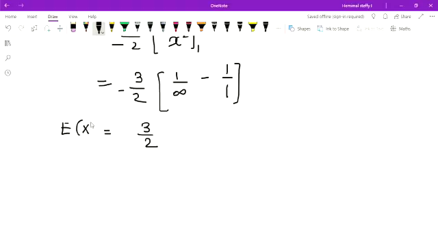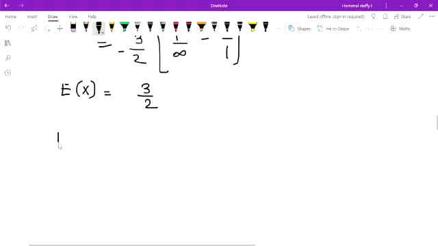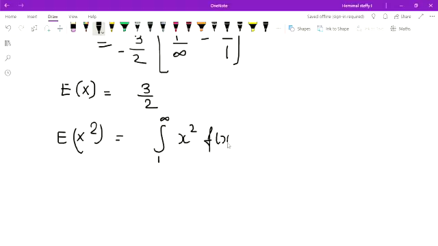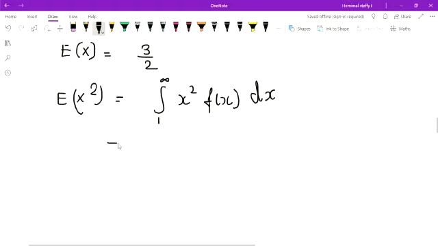Then we want E of x square. So in place of x I will write x square. Take the integral from 1 to infinity of x square and f of x dx. So the integral of x square times f of x, where f of x is equal to 3 by x power 4, dx.